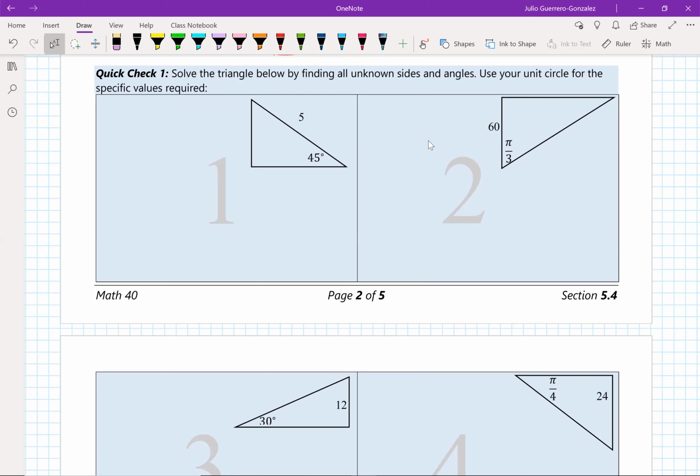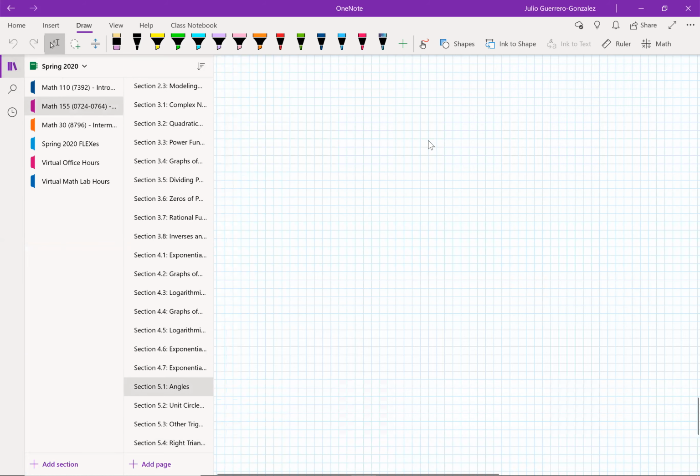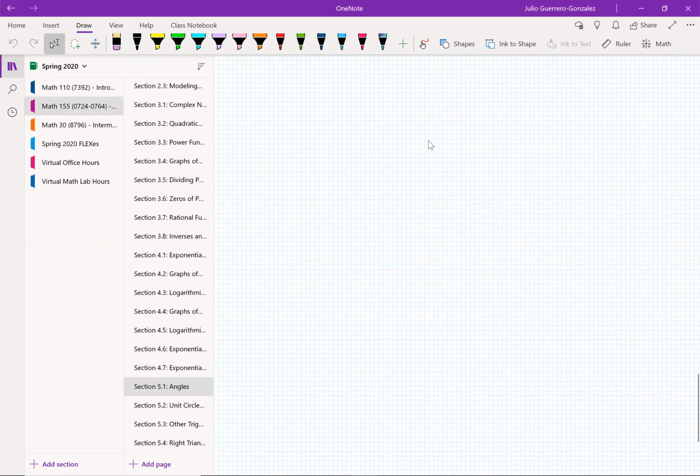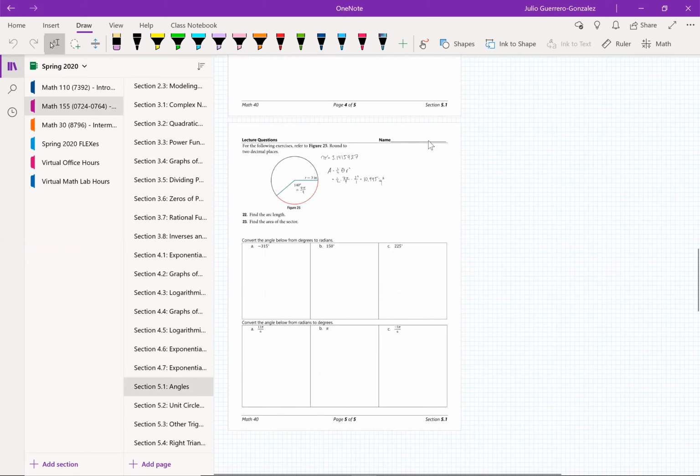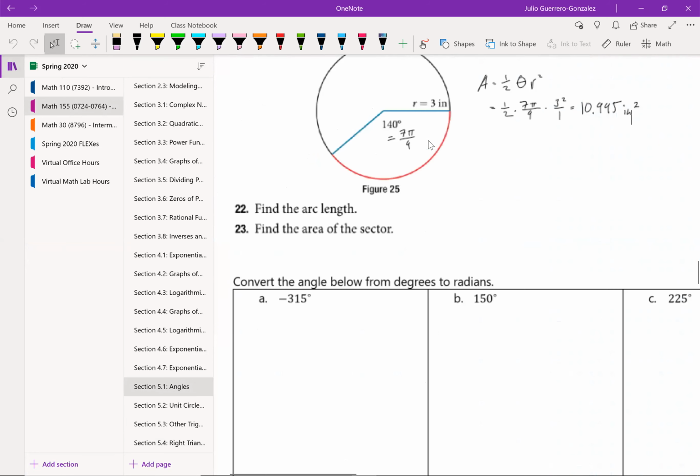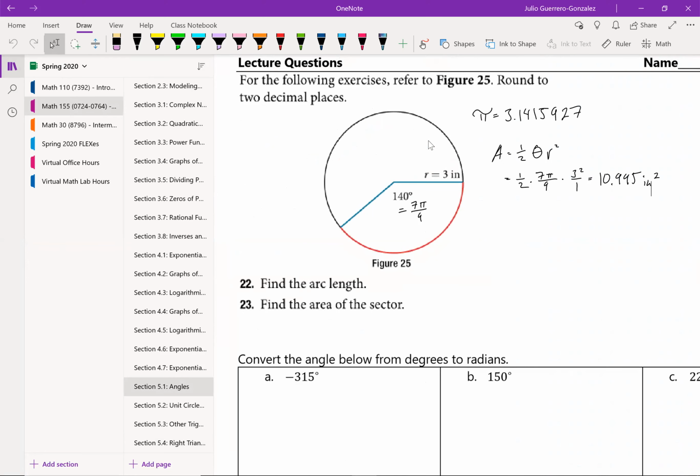Hunter? Actually, yeah. I had a question about an older problem from 5.1. It's on area of sector. So the problem is a sector of a circle has a central angle of 135 degrees.